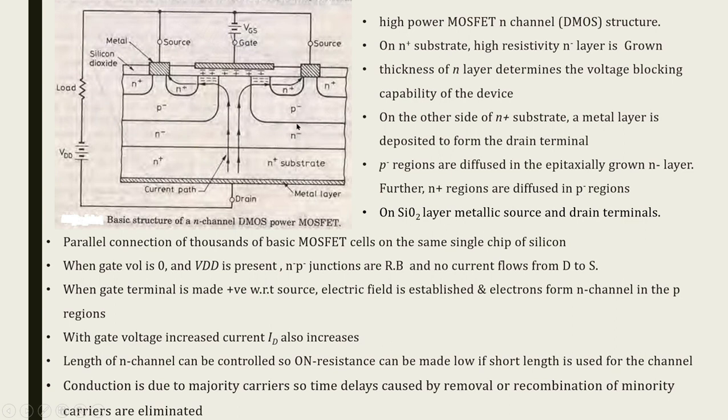Previously we have seen in the power BJT and power diode that the major purpose of the N minus layer is to increase the voltage handling capacity of the device. On the other side of this N plus substrate, an SiO2 layer is formed. You see here, a silicon dioxide insulating layer, and on top of that the drain is formed.